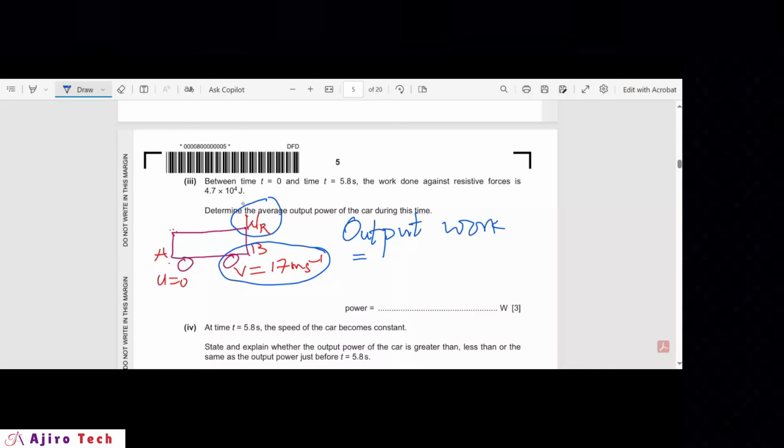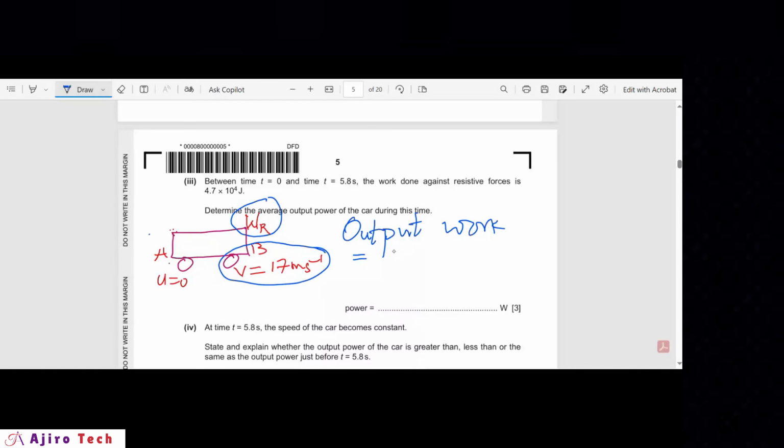So that's going to be my output work. This is input at A, output is going to be at B. So at B, I have two types of work done: work done by air resistance, and work done due to the movement of the car because there is a velocity. I think that is understood.